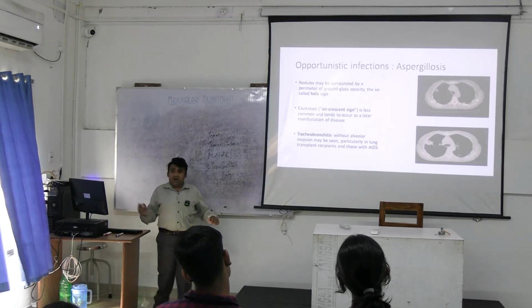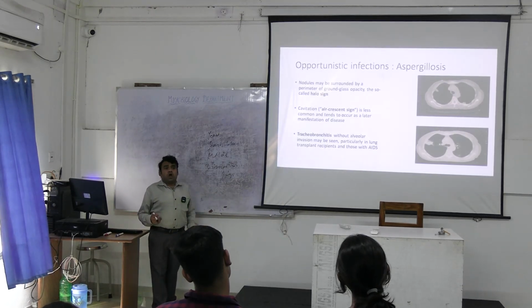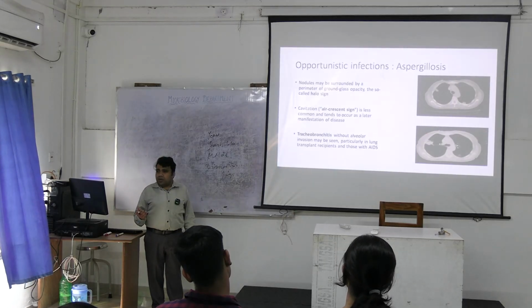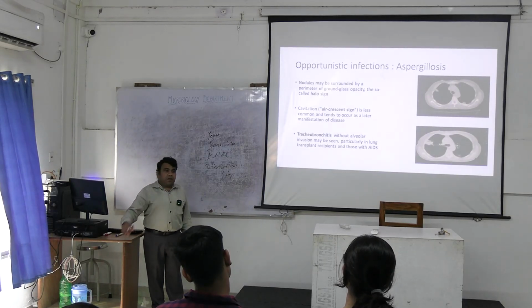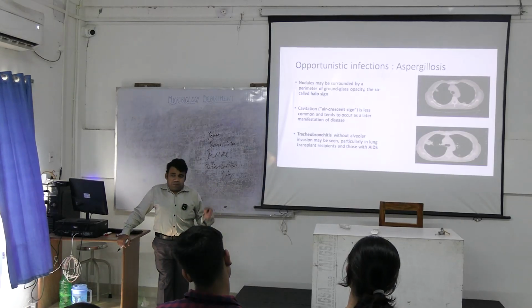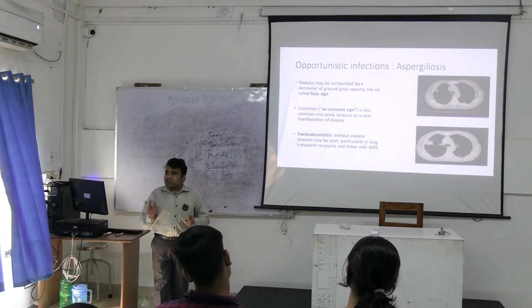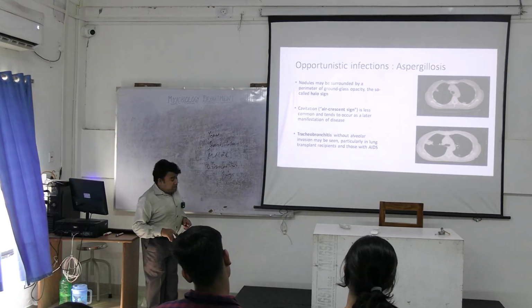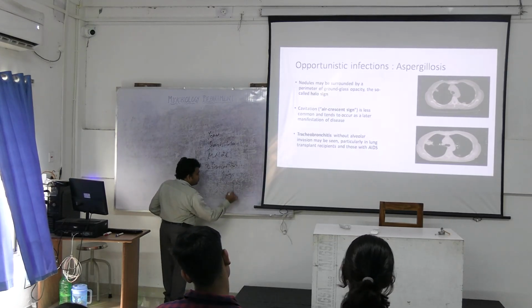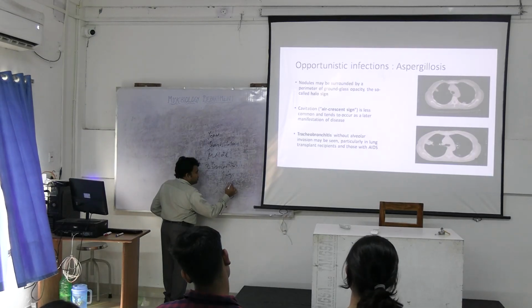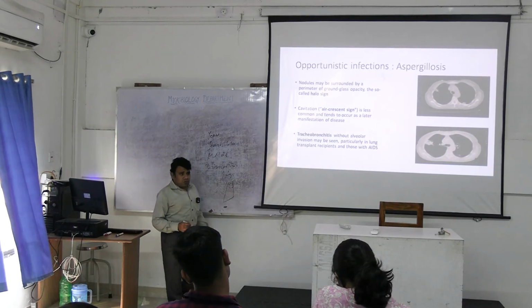Another manifestation can also be seen, especially in patients who have previous structural damage to the lung tissue. For example, suppose a patient has already had pulmonary tuberculosis, and because of the pulmonary tuberculosis, there is structural damage. Thereafter, the Aspergillus infection occurs. So many times, what can happen is that suppose this is the lung, and there is a cavity because of pulmonary tuberculosis.